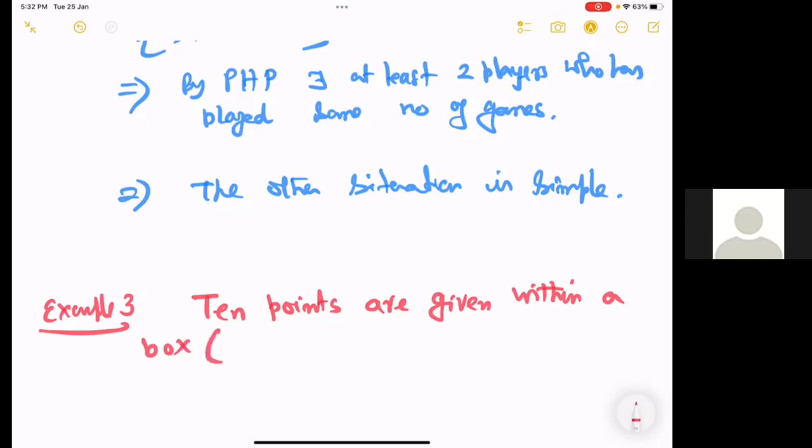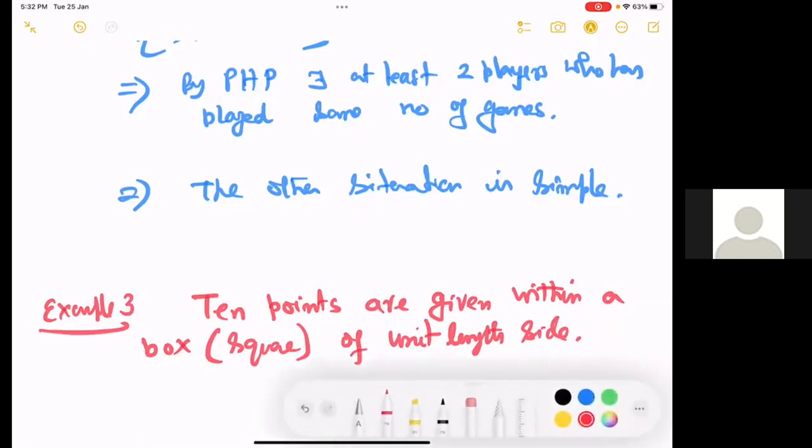This is a square box of unit length side. That means each side of the box is, let's say, 1 centimeter. Then we'll draw a picture also.